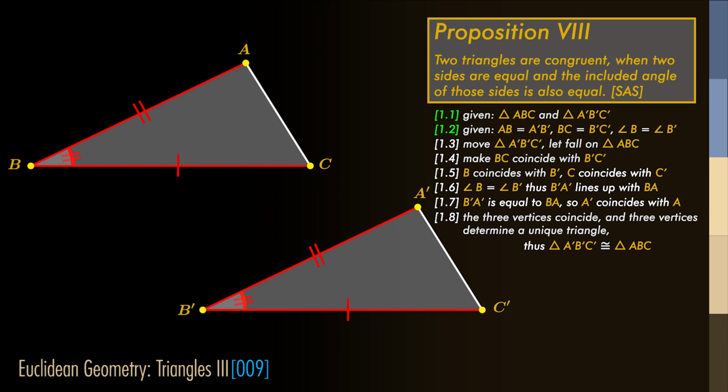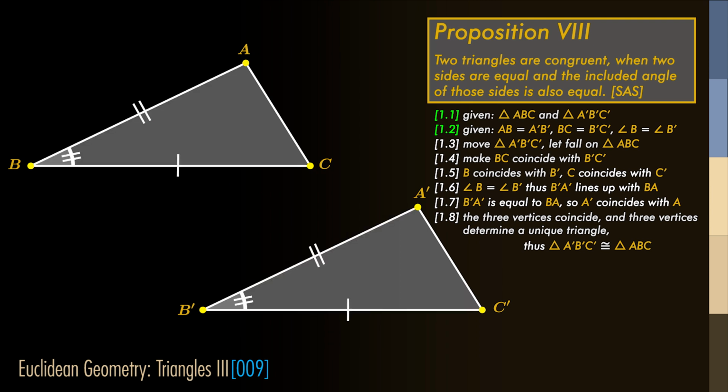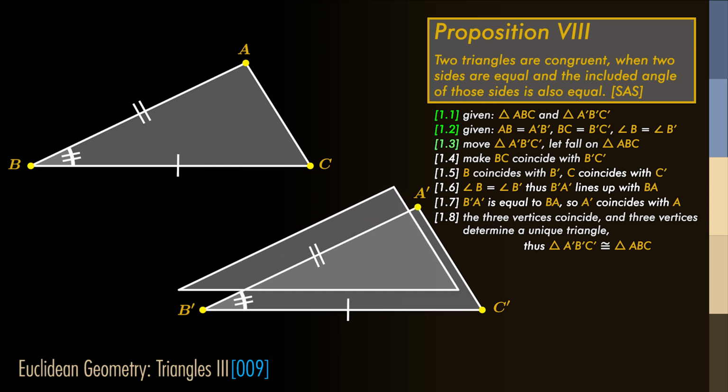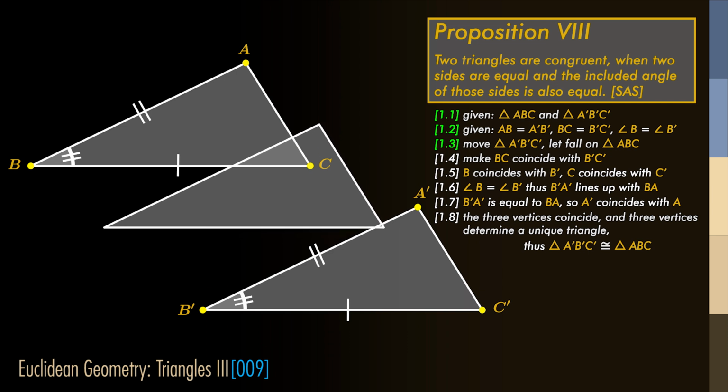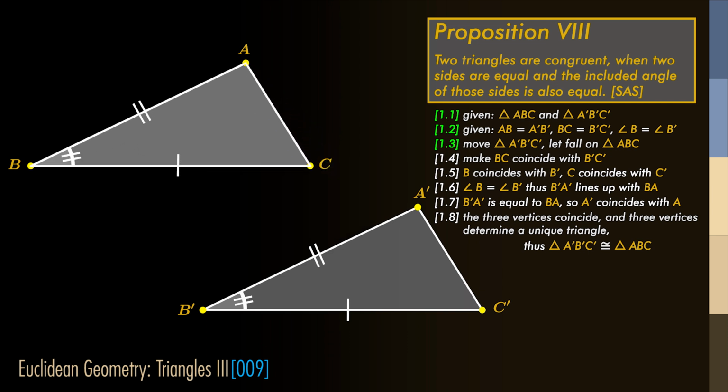The included angles B and B' are also equal. We will prove the congruency by again moving A'B'C' on ABC in such a way that B'C' coincides with BC, B' with B, and C' with C.